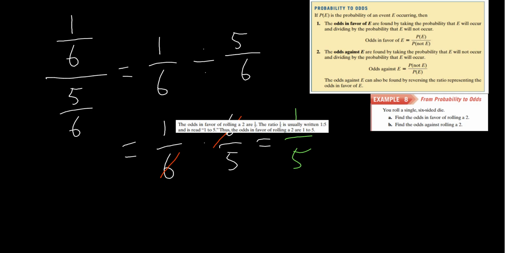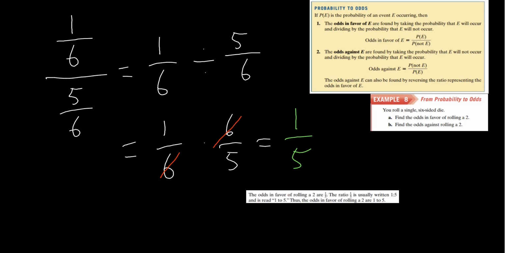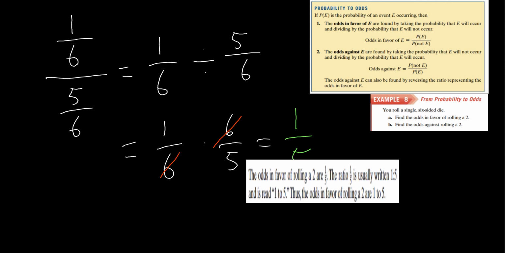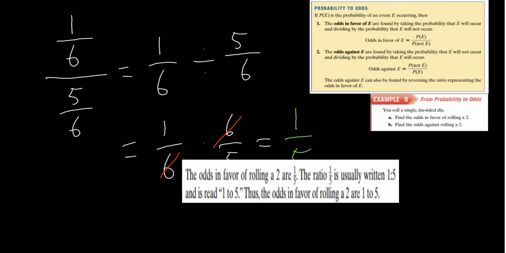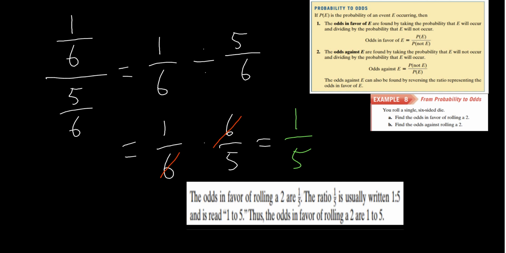We're going to make it a little bit larger so we can read it. This is how odds are written. And at least in Tennessee, all my friends are sports gambling now, so it helps to know the lingo. The odds in favor of rolling a 2 are 1 over 5. The ratio there, 1 over 5, is usually written 1 with a colon 5, and it is read 1 to 5. So the odds of rolling a 2 are 1 to 5.